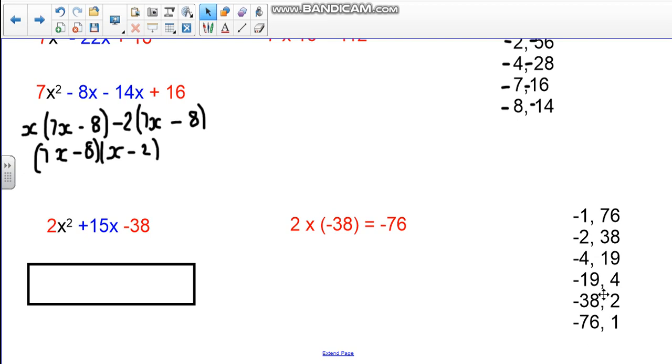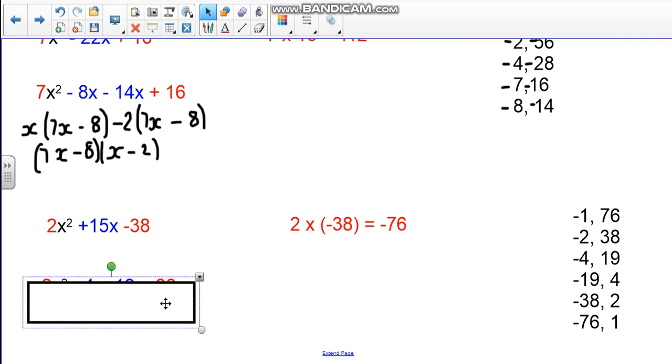Which of these add together to give me 15? Well, it's not the top one. This one will be 36. Minus 4 add 19 gives me 15, and it's positive 15, so that's right.